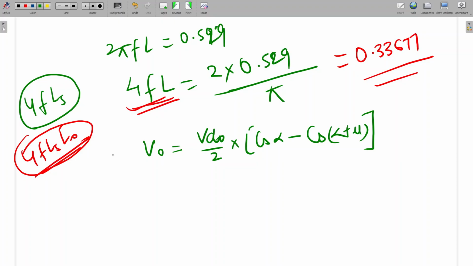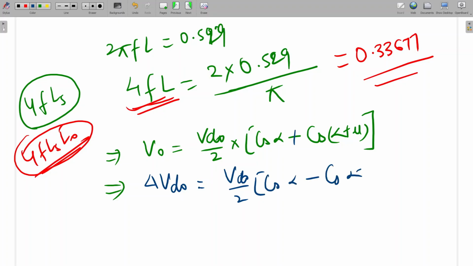Step 1 is we write these two equations, then we'll figure out how to use them. And delta Vd0 is Vd0 minus Vd0 by 2 into cos alpha minus cos alpha plus mu. And other information given is the output power, P naught, which is 3 kilowatt.